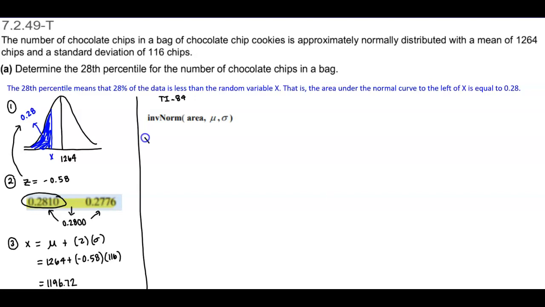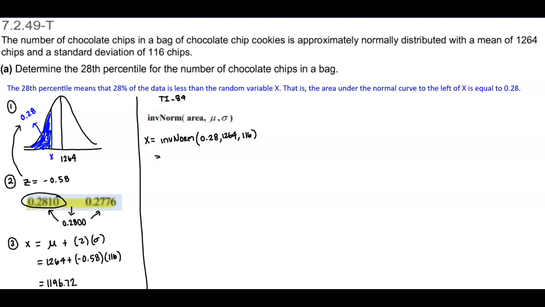If we want to find the variable x, then we're going to use the area to be 0.28. So again, INV norm: 0.28 with a mean of 1264 and a standard deviation of 116.